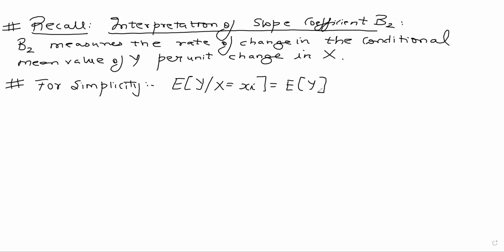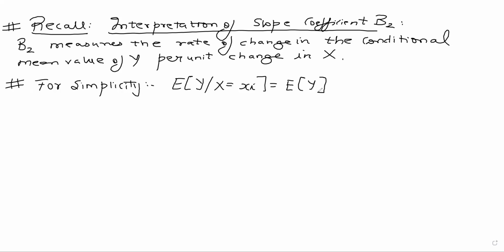In another way, the slope coefficient B2 will give me the rate of change in the conditional mean value of y per unit change in the variable x. And the population regression function will give me the conditional mean value of y for every fixed value of the variable x.